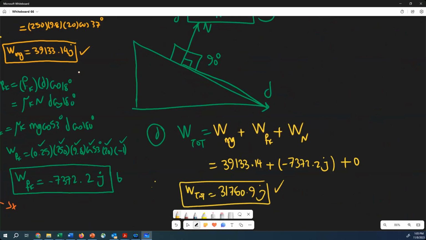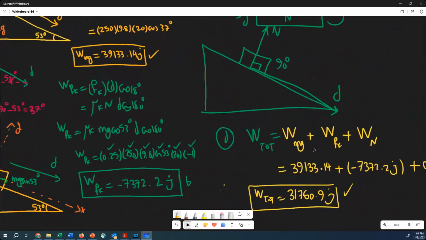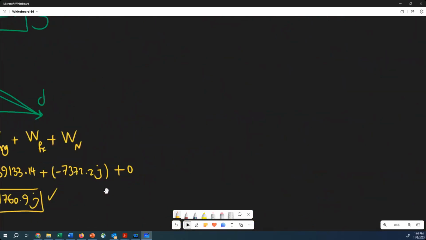So for part E, how can we calculate it? If the initial speed of the box is 2 meters per second, what is the final speed? What can we use? We can use the work-kinetic energy theorem.